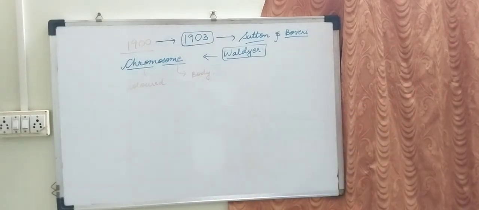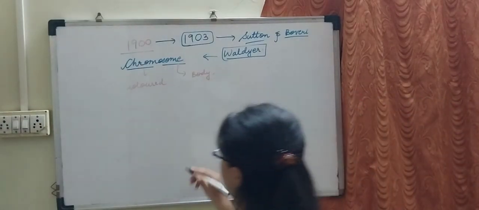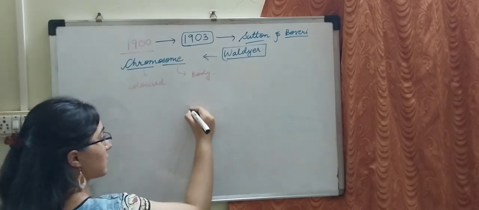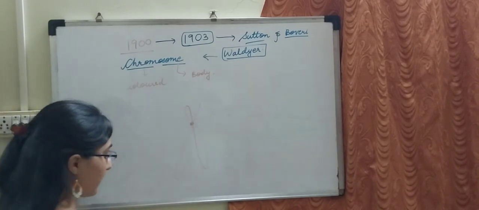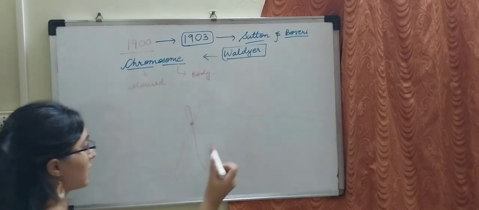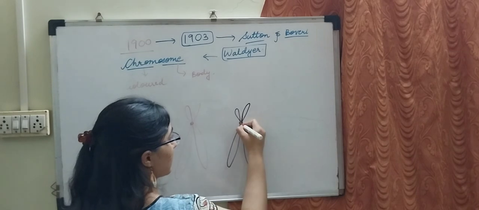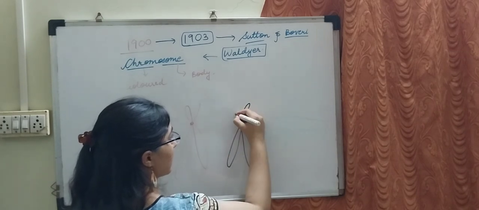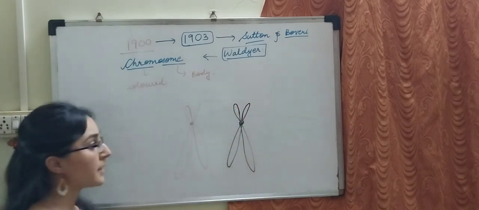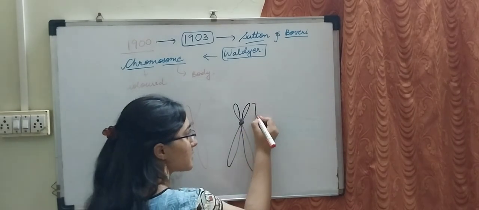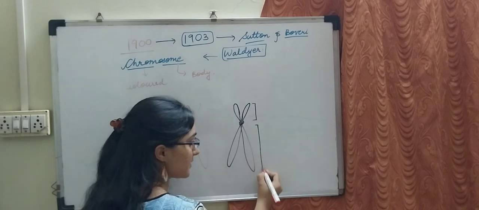Let me draw it here. I will use something dark color. Okay, this is perfect. This is a chromosome, and this is one arm and this is the second arm.